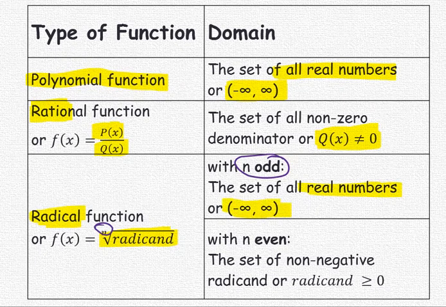In the case that n is an even number, for example, the square root, the fourth root, the sixth root, and so forth, there is a restriction because when you think about the negative number, multiply itself twice, the negative side will become positive side, or the product will be positive. Therefore, the restriction for the even index would be non-negative number.